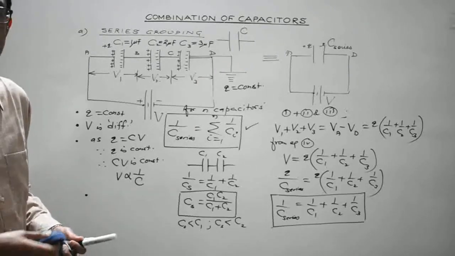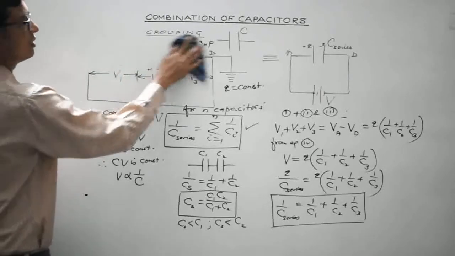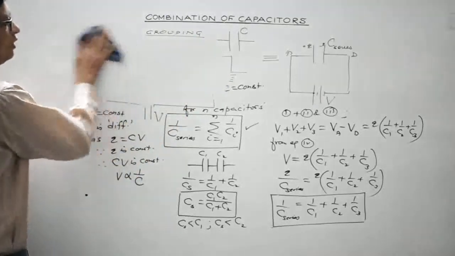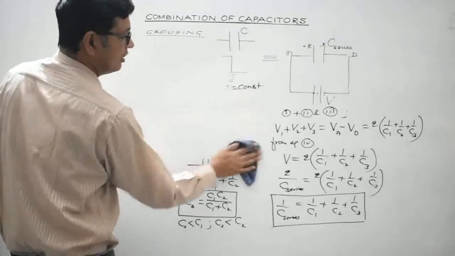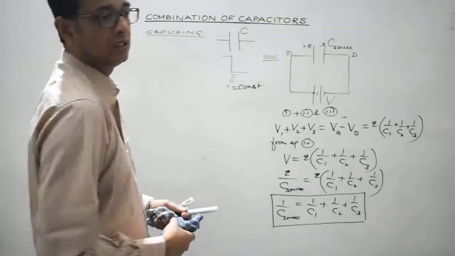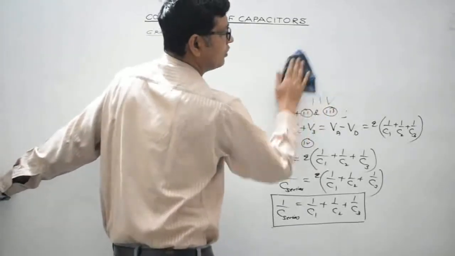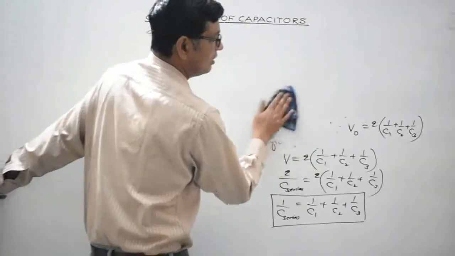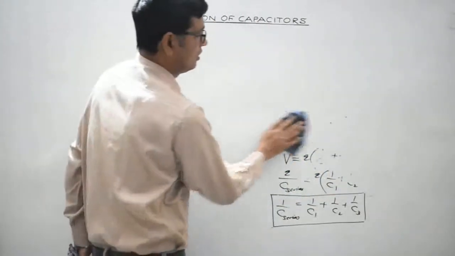The other grouping is the parallel grouping of capacitors. So parallel grouping of capacitors, again we will take the illustration of three capacitors. Suppose we consider the same example, that is we have considered three capacitors having capacitance of C1, C2, C3 and connected in parallel across a source.